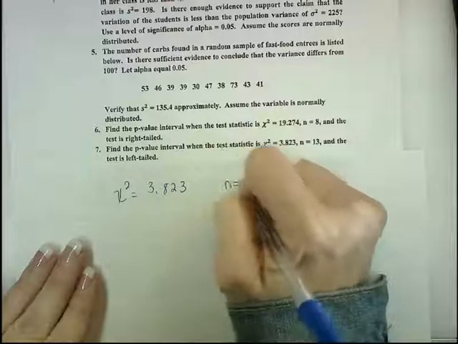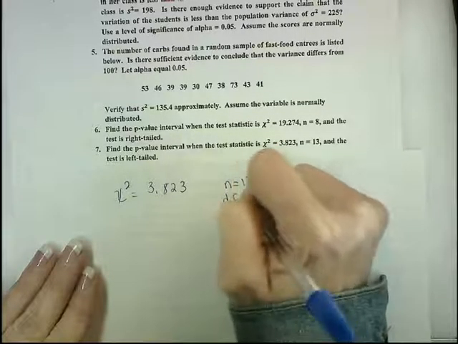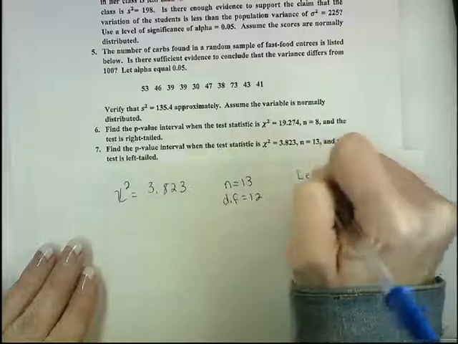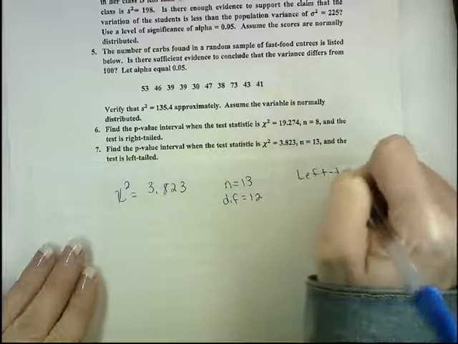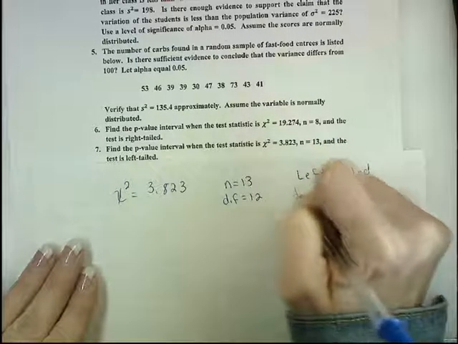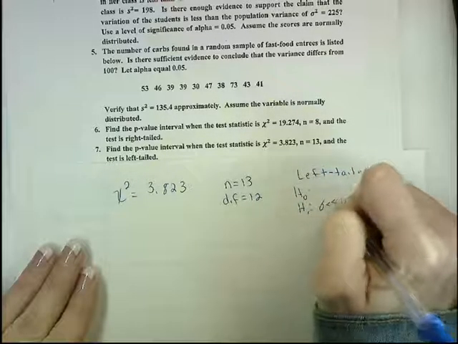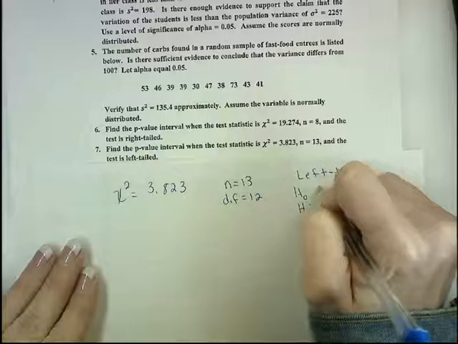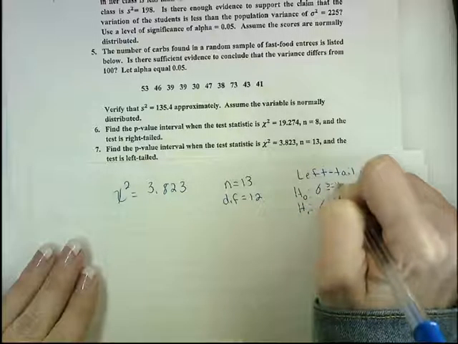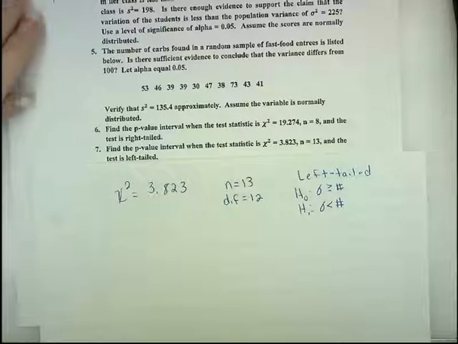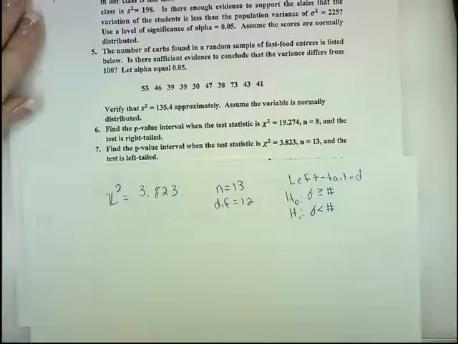N is 13, so degrees of freedom would be 12. And it's a left-tailed chi-square test. Therefore, it would look like this. The alternative sigma would be less than a number, but the null sigma would be greater than or equal to a number. That's a left-tailed chi-square test for true standard deviation.